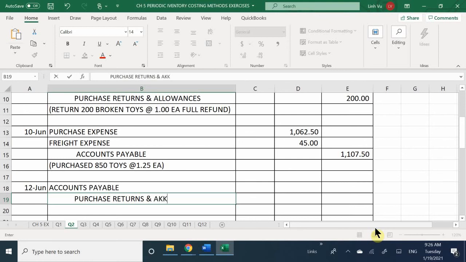So this is going to be considered an allowance. Okay, returns and allowances. Okay, so now that we've established our accounts, for how much are we actually going to record the discount at? How much money are we actually receiving back?